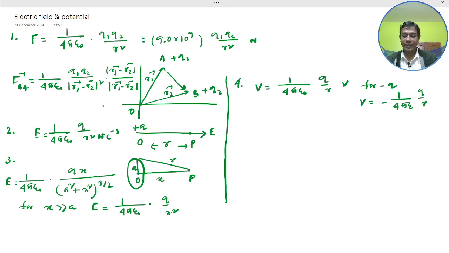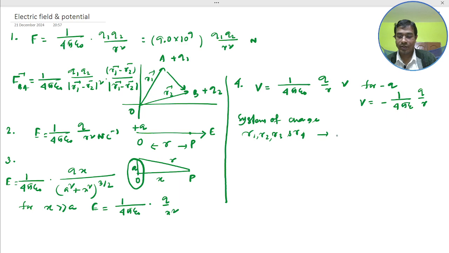Now, the electric potential at a point because of a system of charges. Suppose the distances are R1, R2, R3 and R4 for the charges plus Q1, minus Q2, minus Q3, plus Q4.